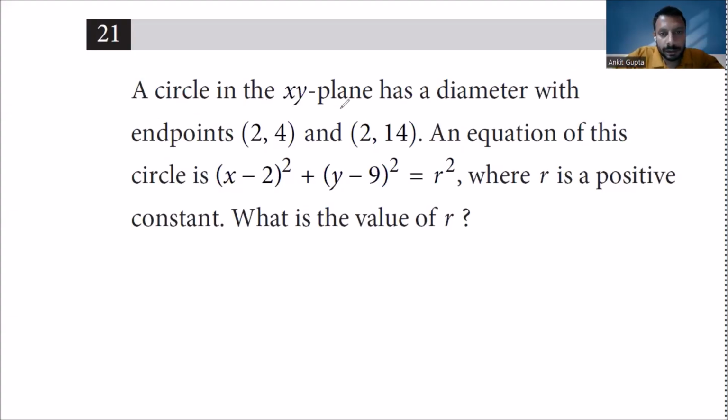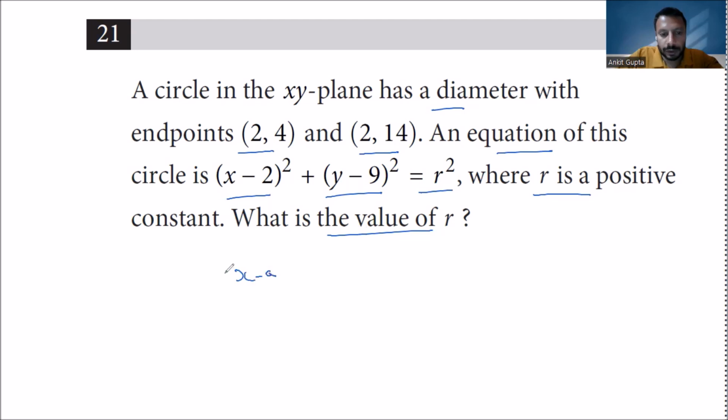A circle in the xy plane has a diameter with endpoints 2, 4 and 2, 14. An equation of this circle is x minus 2 whole square plus y minus 9 whole square is equal to r square, where r is a positive constant, and we need to find the value of r. So equation of circle is given to us.